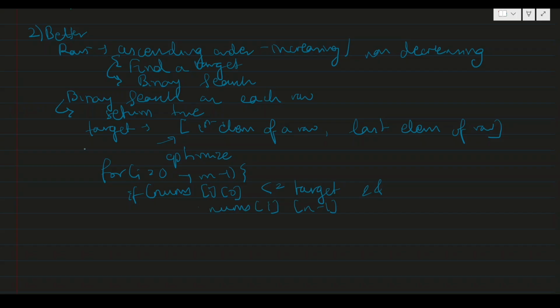and nums of i of n minus 1, that is the last element of that particular row, is greater than or equal to target. From this we can infer that the target lies in that range. So we will write a simple binary search that will take nums of i as the array and search for the target.